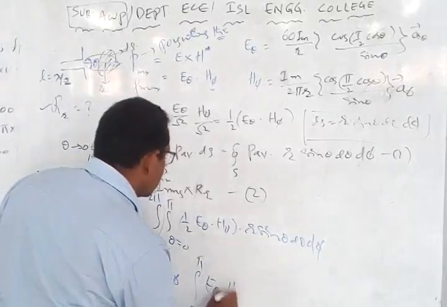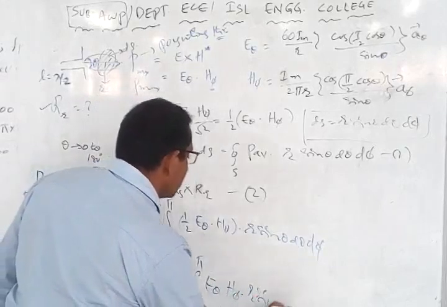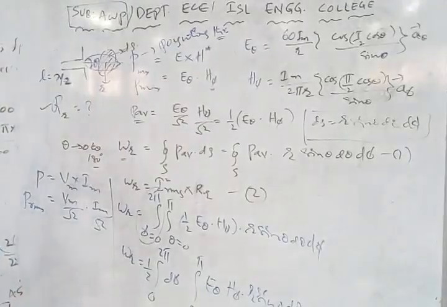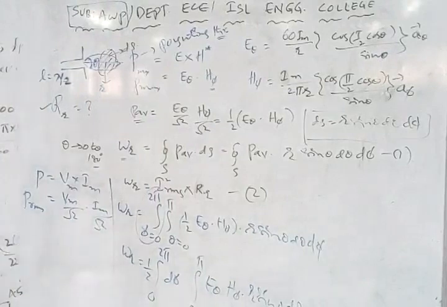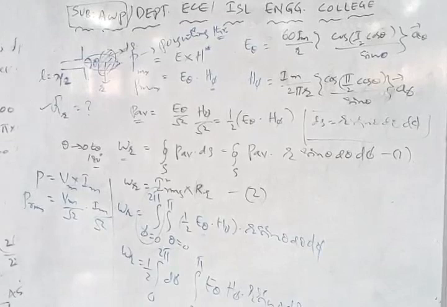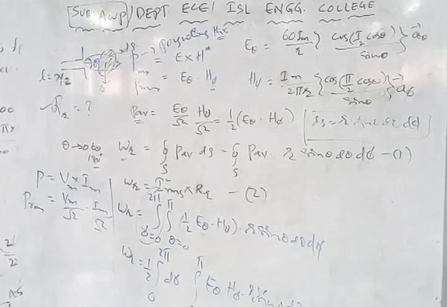E theta H phi r sin theta d theta. So this is the equation we normally get. How do we solve this? What is the integration of d phi over the limits 0 to 2 pi? It's going to be simply 2 pi only.